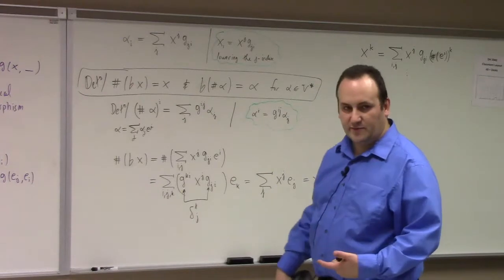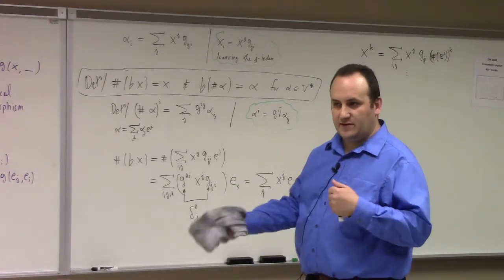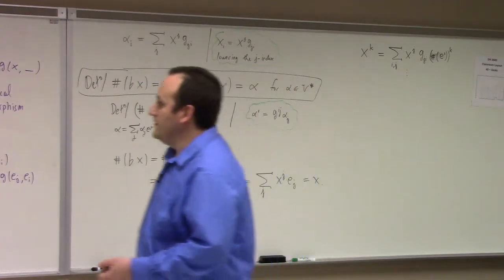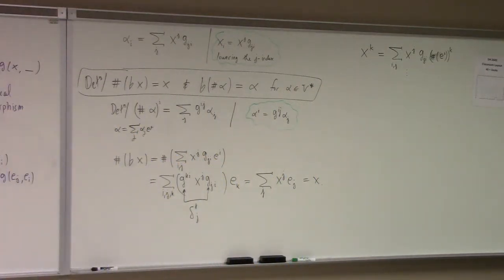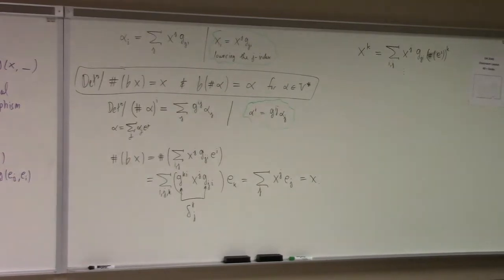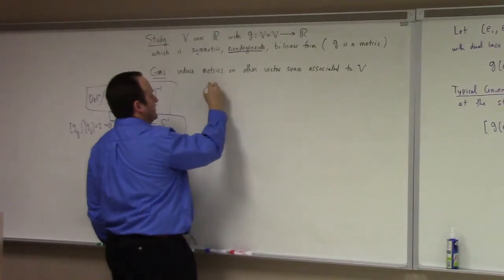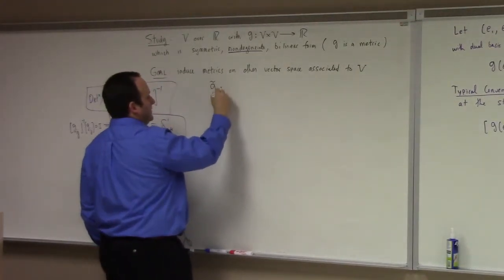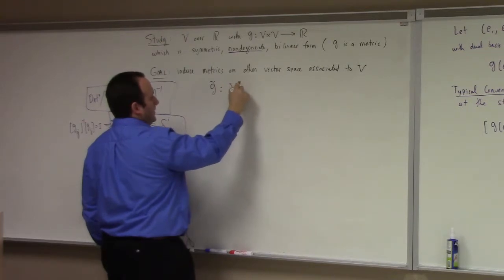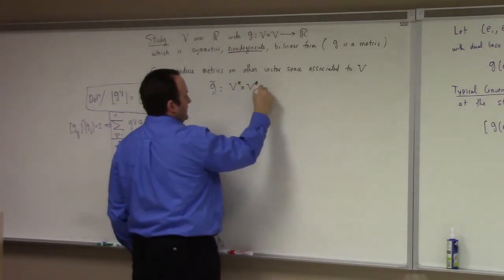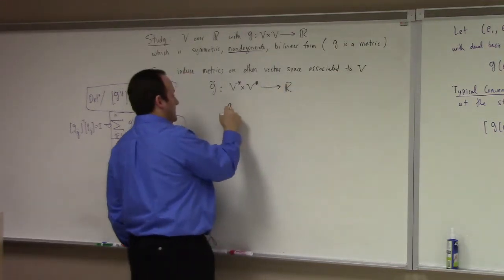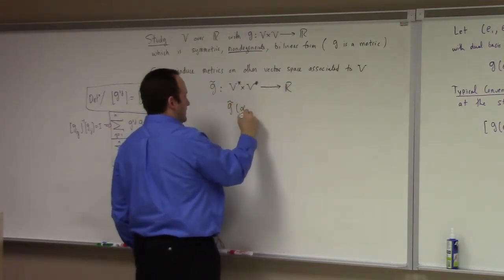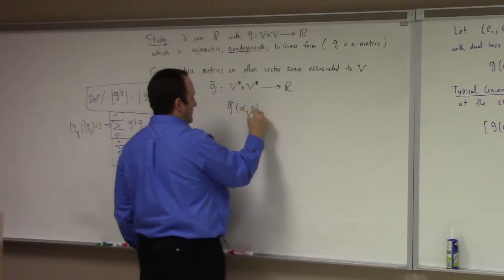Now that we have these musical morphisms, we can convert vectors and covectors, vice versa. But you can do so much more than that. So I said we wanted to induce metrics on other things. What would be the metric, let's say G tilde, on V dual cross V dual to the reals? How would you define it? G tilde of alpha, beta.